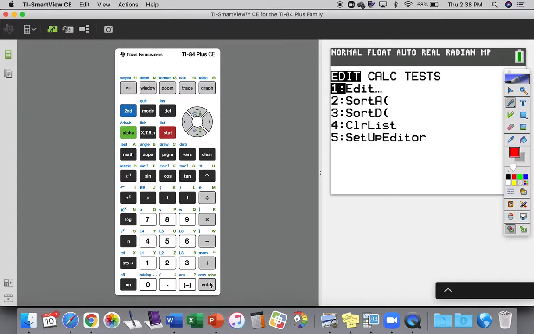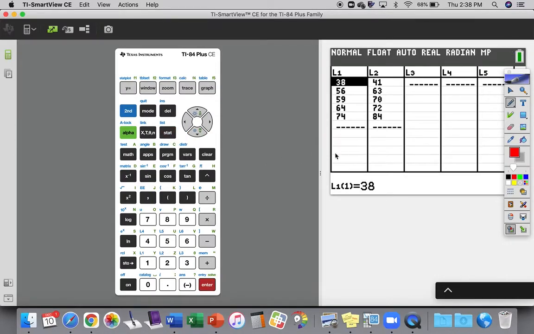Again, stat, edit, and I put in my numbers, which were 38, 56, 59, 64, and 74, and then my y values of 41, 63, 70, 72, and 84.